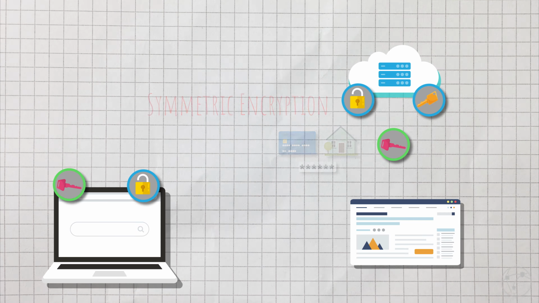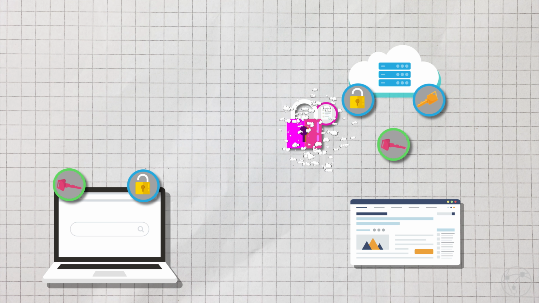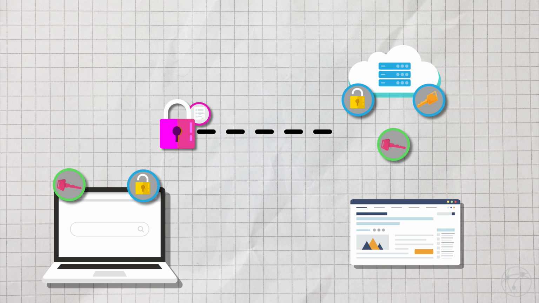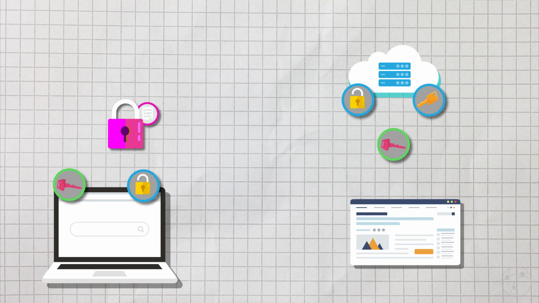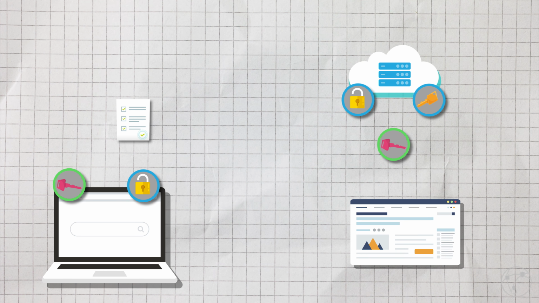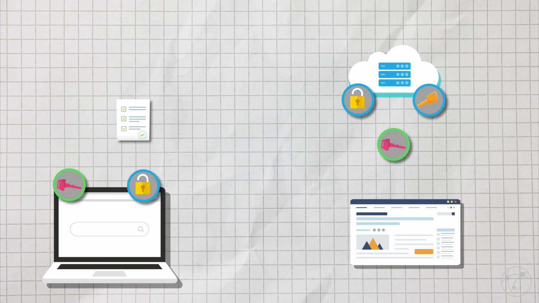And the store server can use its own copy of the same session key to encrypt and send anything back to me. And then my browser can decrypt it using the session key and then encrypt another message with the session key, and so on and so forth.